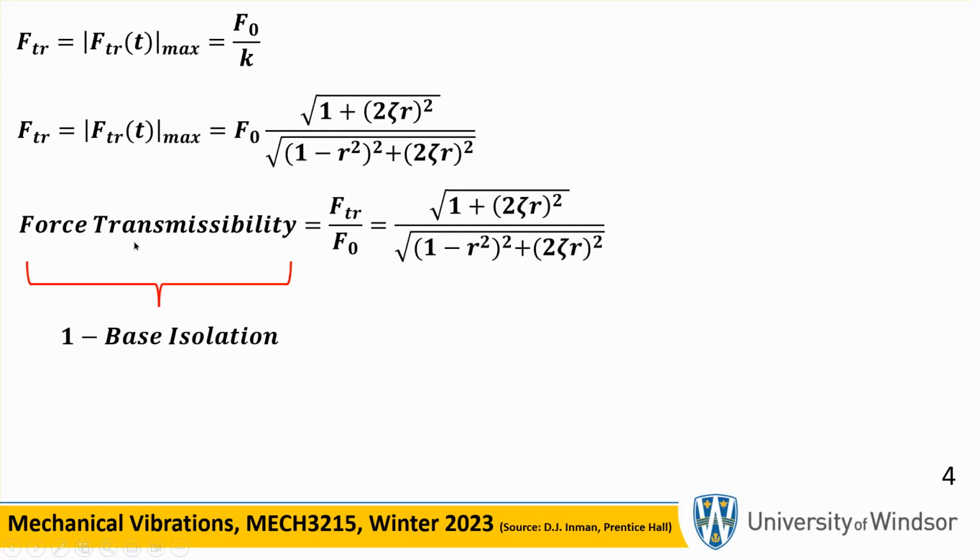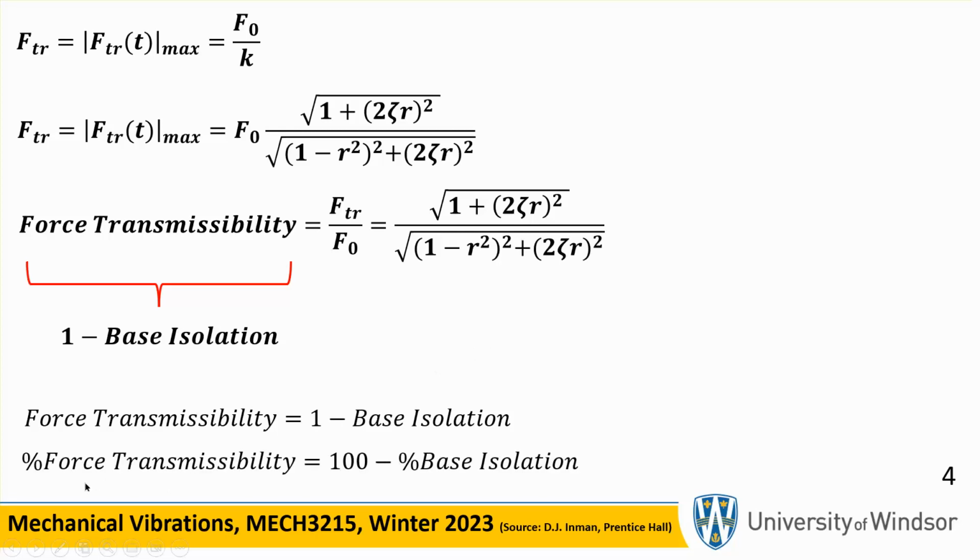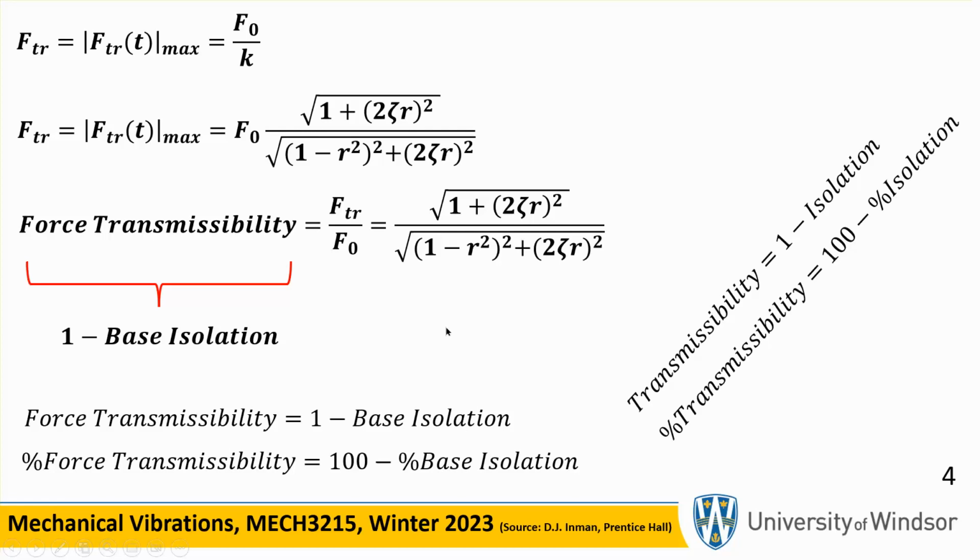To say that this is 0.6 means that only 0.6 of the applied amplitude is going to get transmitted. Okay, so this is what I just said. Force transmissibility is 1 minus base isolation, or percent force transmissibility is 100 minus percent base isolation. Here I've written the same thing except that I left force and base out of it.